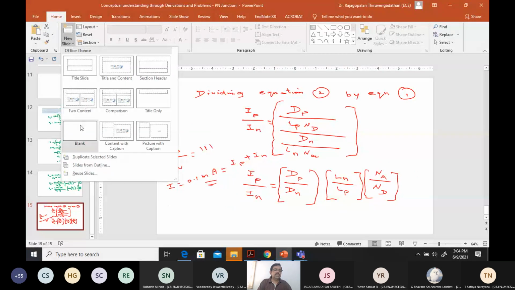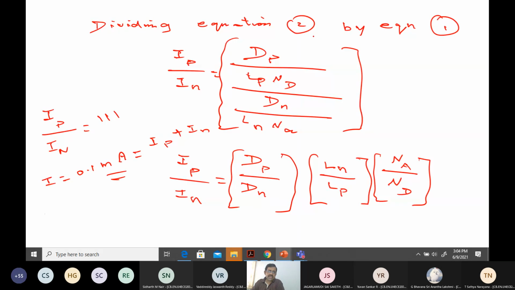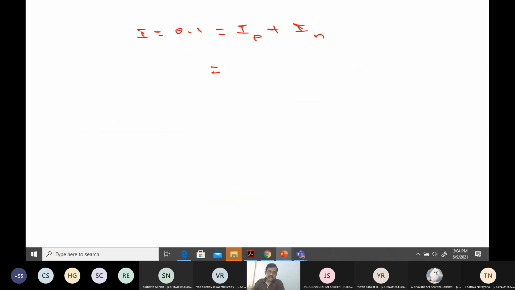Learning is more important. So I is given as 0.1 milliampere equal to IP plus IN, and I will substitute for IN from this equation. We have IP by IN equal to 111.